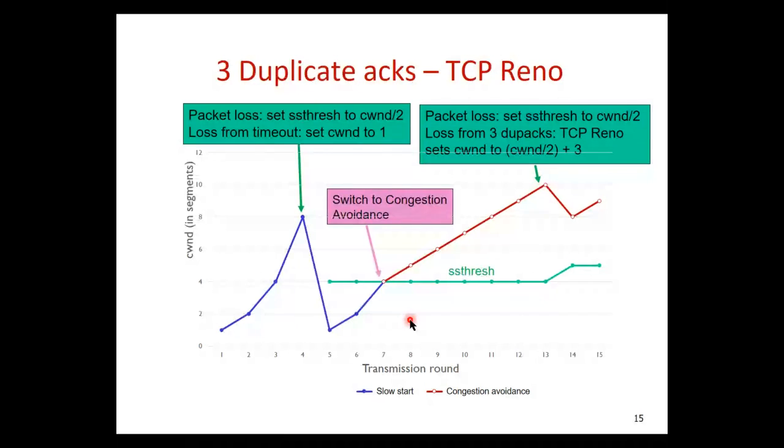Now if it's TCP Reno, it matters whether the loss is from timeout or 3 duplicate ACKs. This part is the same as the previous slide.